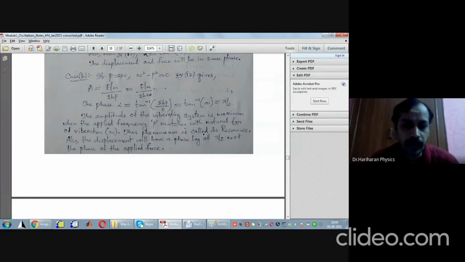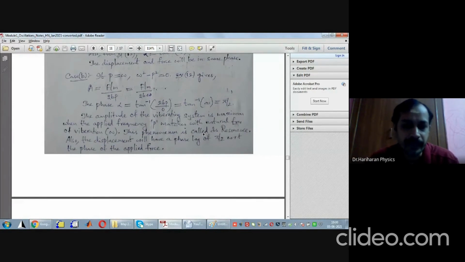Now look here. There are a lot of advantages with resonance. Generally on a hanging bridge, whenever military soldiers march, they don't march fast. If they do a normal walk, the hanging bridge will not vibrate. If they march fast, the hanging bridge may vibrate.